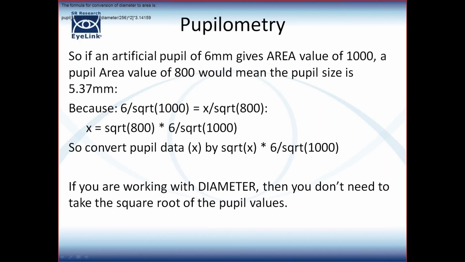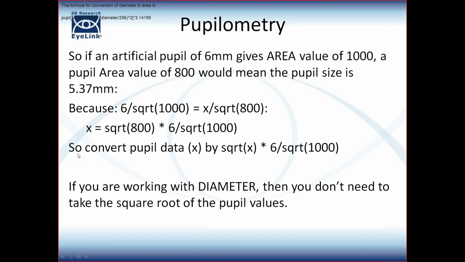So if that's the case, we know that in our actual data a pupil area value of 800 would equate to 5.37, because you can literally calculate how many millimeters each one of these camera sensor or area units would equate to, and do the maths, basically.